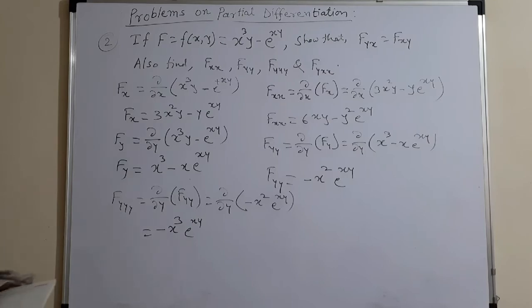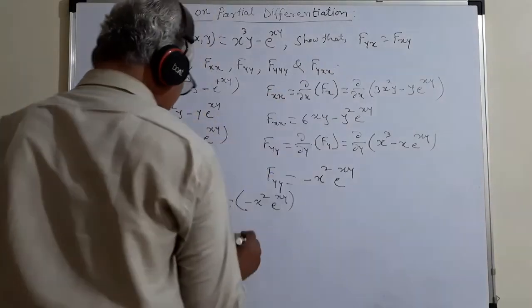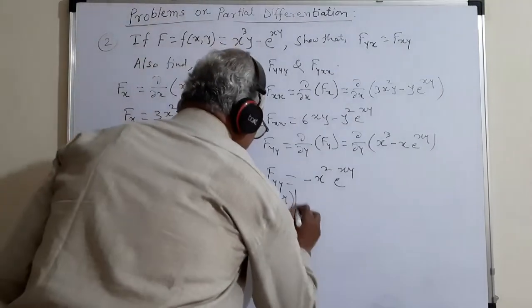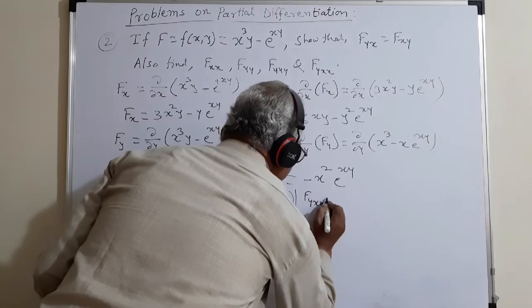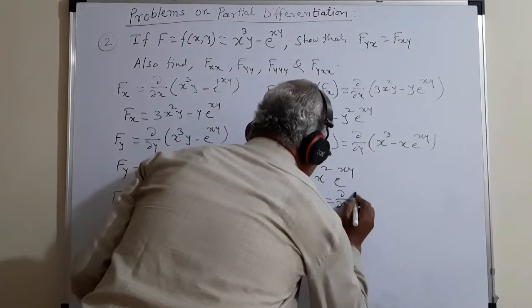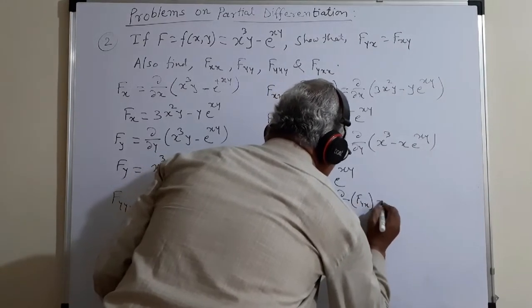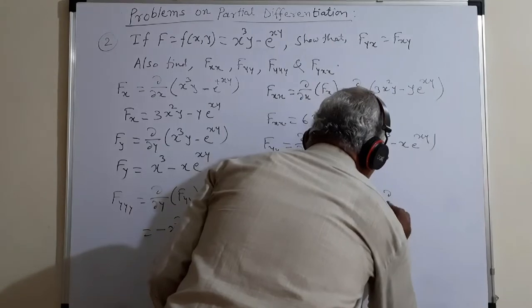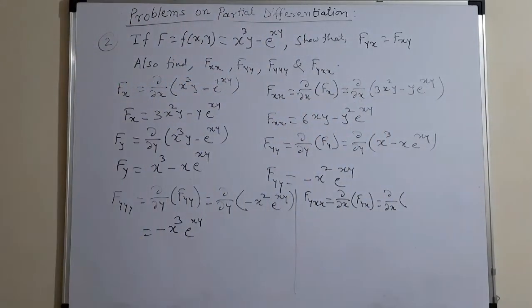And finally, we want to obtain the expression for fyxx. So fyxx is nothing but dou by dou x of fyx, and this is nothing but dou by dou x of fyx.